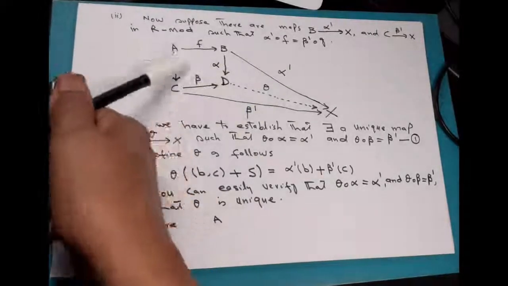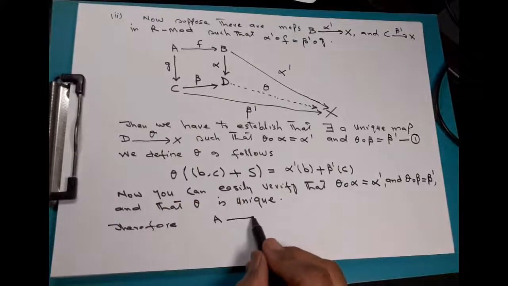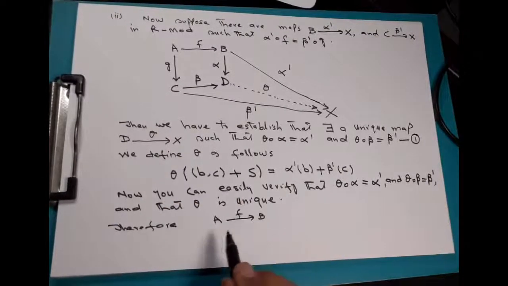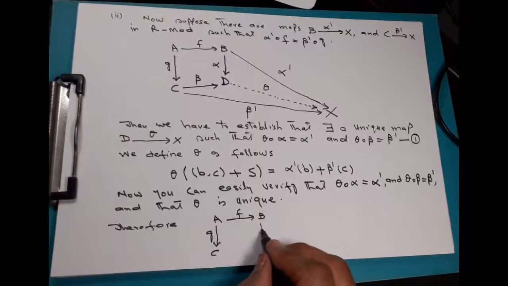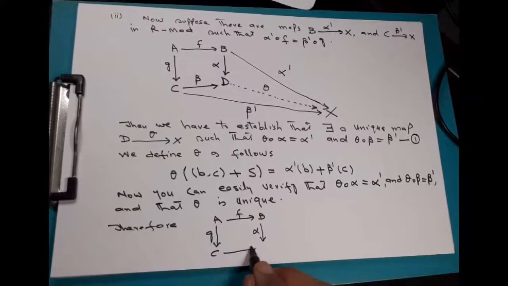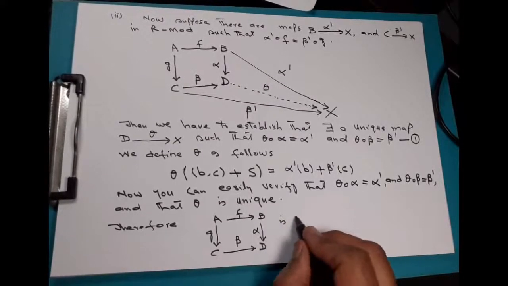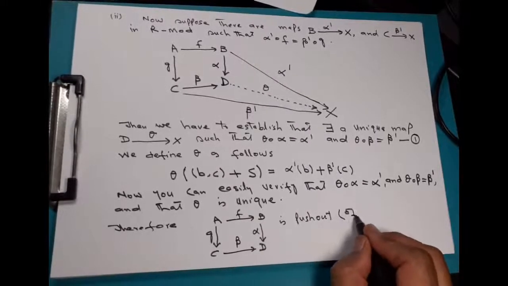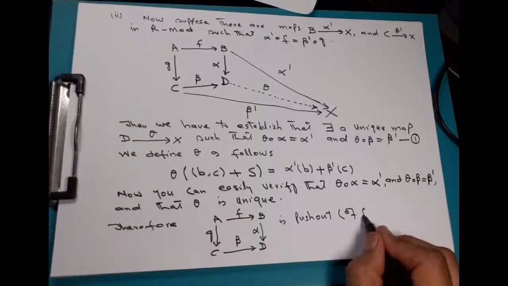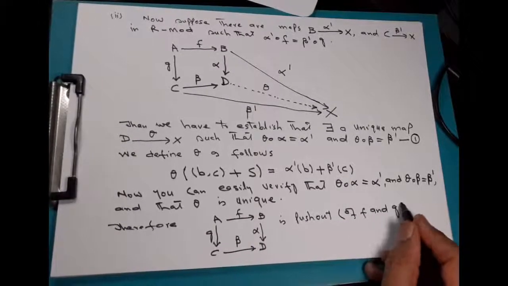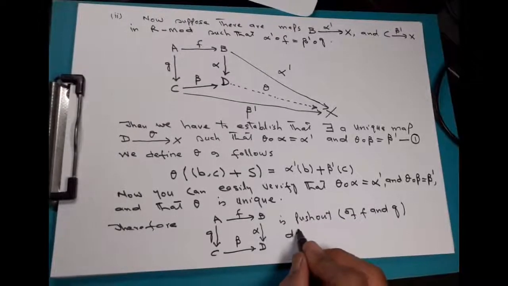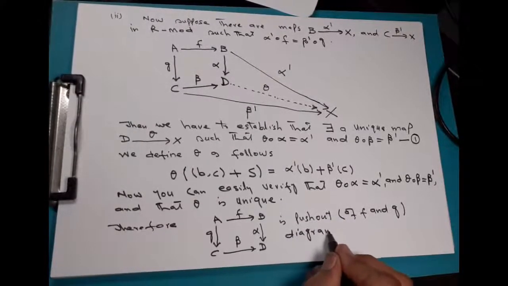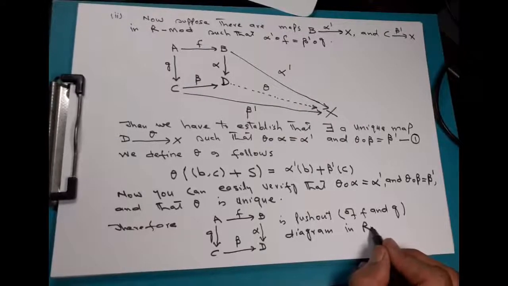It was in fact this part of the diagram: A to B by F, A to C by G, and then we have alpha, and then we have beta, and this is D. Therefore, this is the push out of F and G, the push out diagram in the category of left R modules.